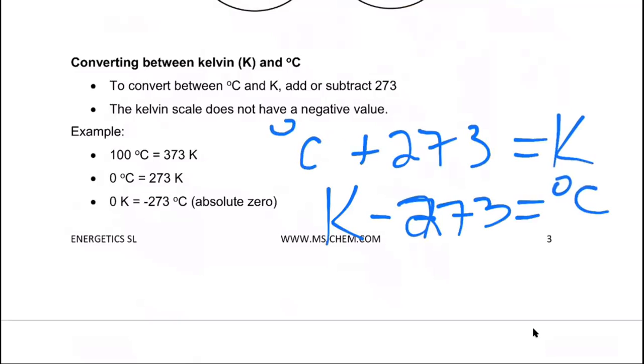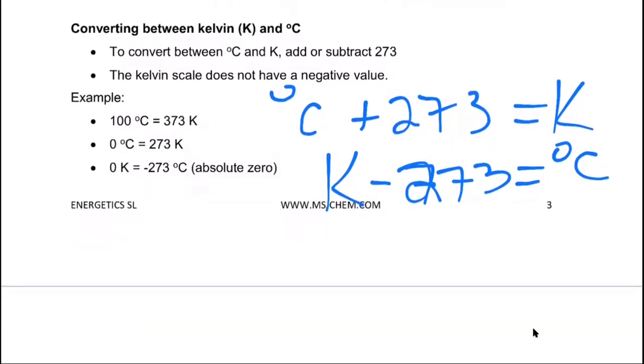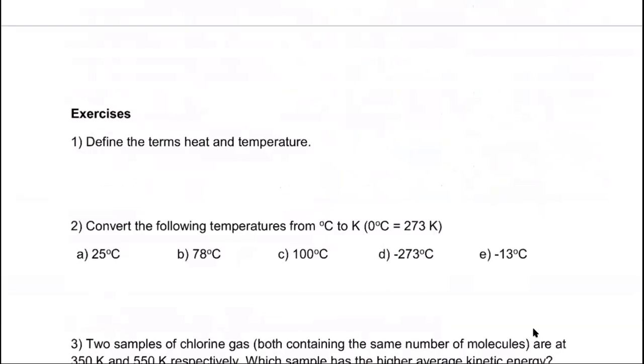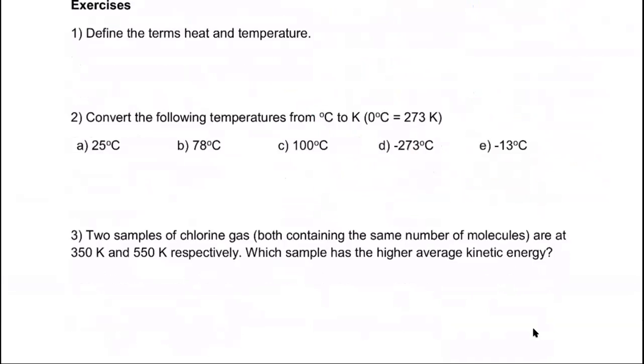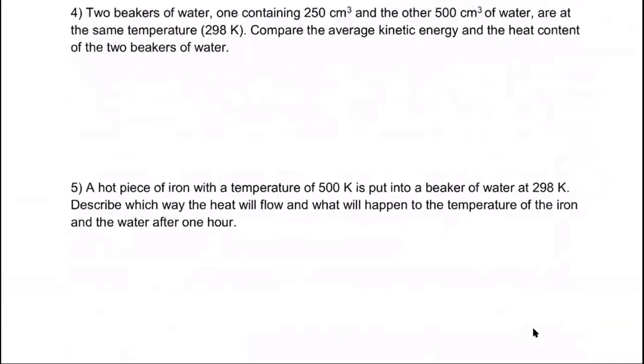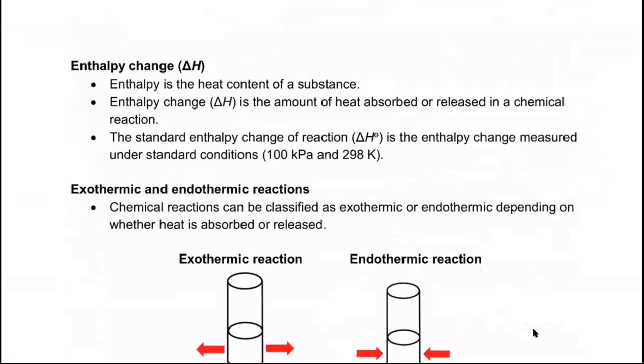And that's important because a lot of times when we measure in the lab, we measure in Celsius. And so a lot of times they'll give you Celsius in problems and you have to convert to Kelvin before doing calculations, okay? So here's where you have some of the exercises that relate to heat and temperature and kinetic energy. So that's what you will do on your own for part of your note check.